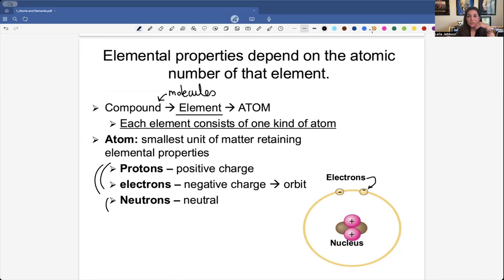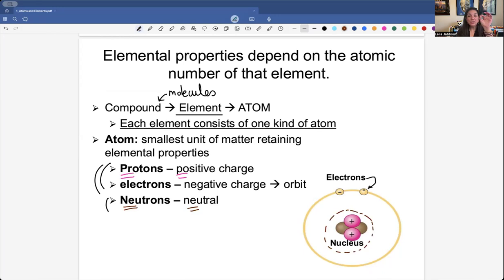Protons are illustrated in pink here. Protons happen to be positively charged, so there's a little plus sign over here. Neutrons happen to be neutral. They don't have a charge. And both of these together are in the center of the atom, in what we call the nucleus.